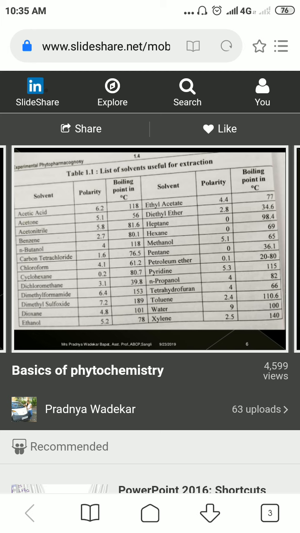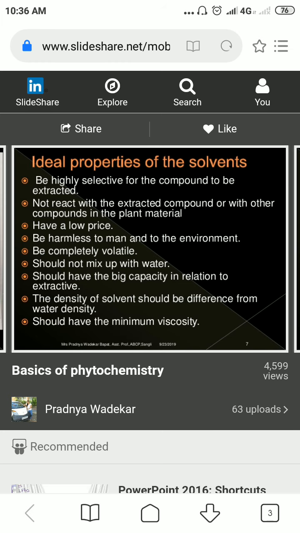These are the ideal properties of solvents: highly selective, non-reactive, low price, harmless to environment and human health, compatible, completely volatile so that no toxic residue remains in our dried extract, not miscible with water, big capacity in relation to the extractive, having more capacity to solubilize the phytoconstituent, different density as compared to water, and minimum viscosity.